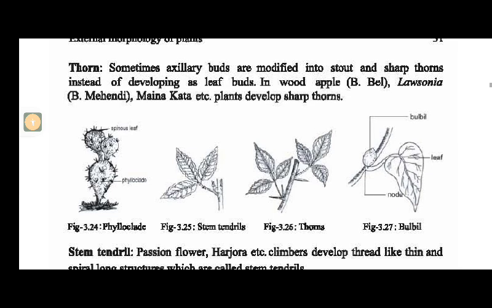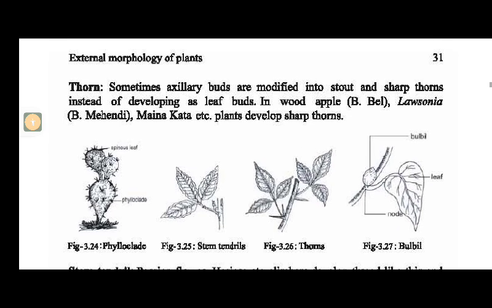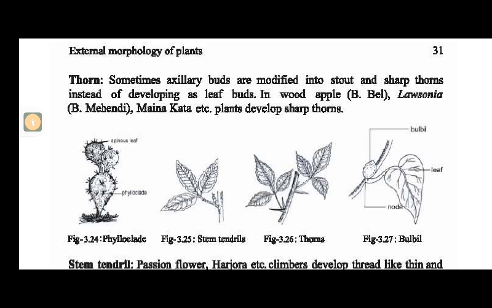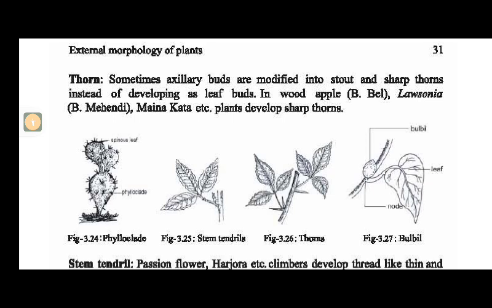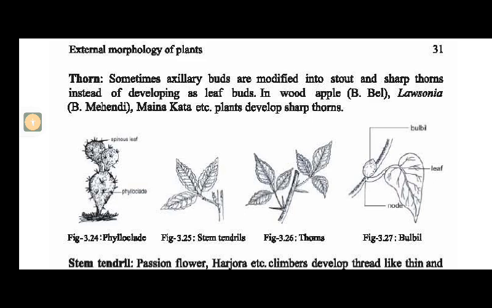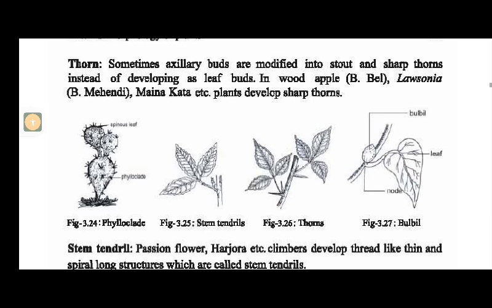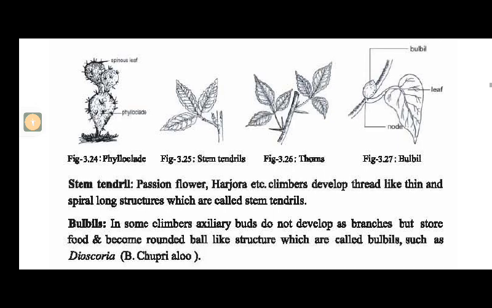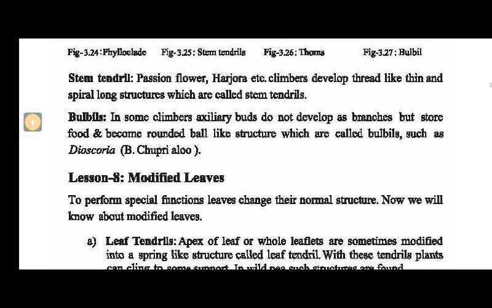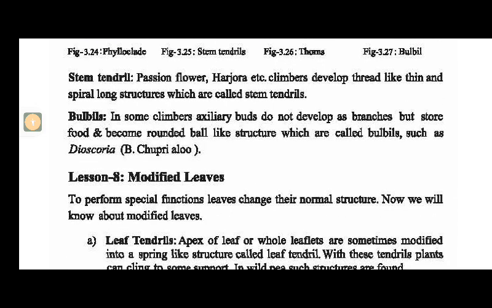Thorns. Sometimes axillary buds are modified into stout and sharp thorns instead of developing as leaf buds. In wood apple, Lawsonia, etc., the plant develops sharp thorns. Stem tendril.